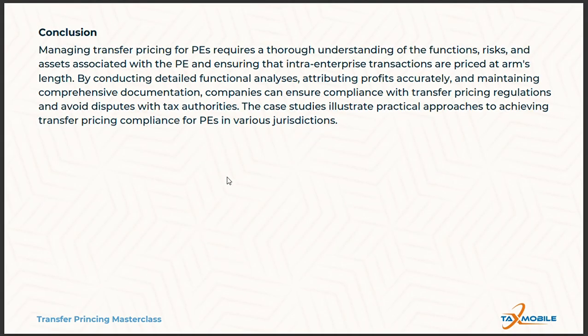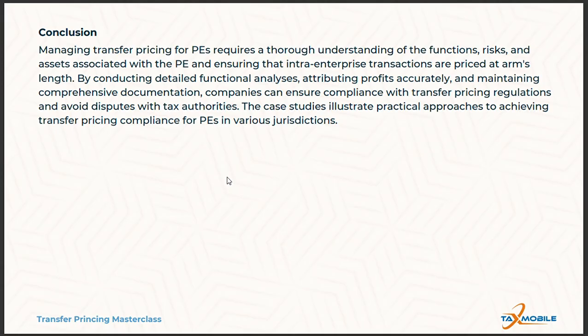So now, in conclusion, managing transfer pricing for permanent establishments requires a deep understanding of the functions, risk, and assets associated with the permanent establishment and the careful application of the arm's length principle. Now, compliance with local tax regulation is also very critical, as improper profit attribution or inconsistent transfer pricing policies can lead to disputes and penalties.